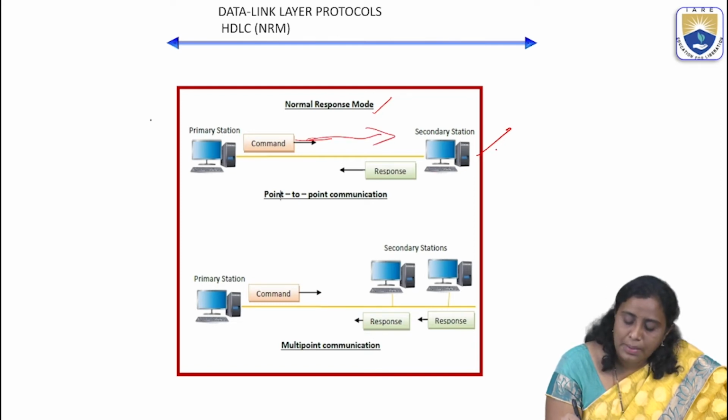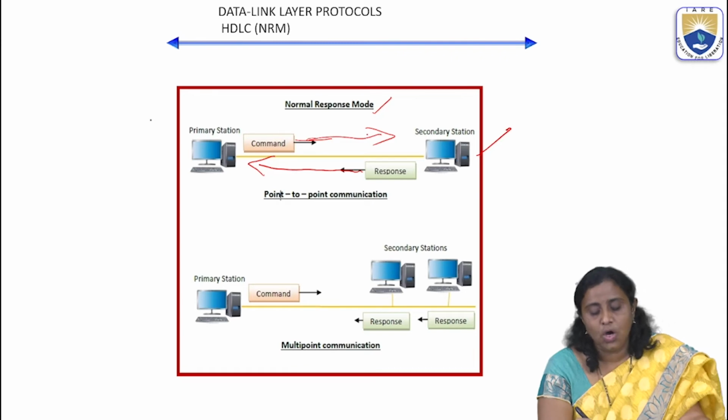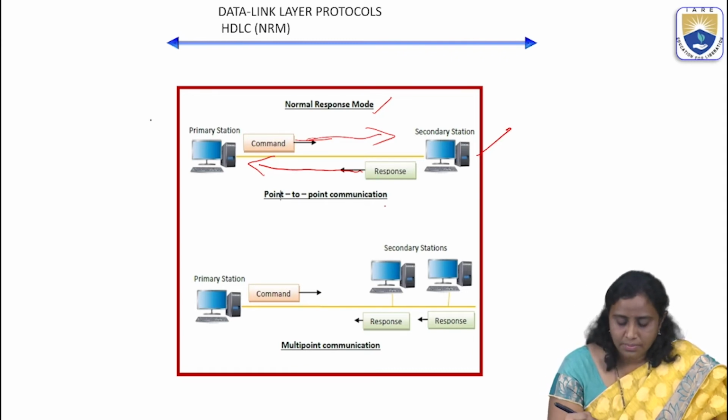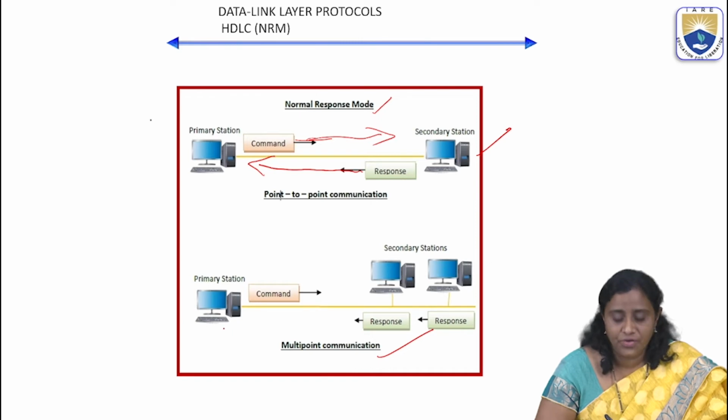The response from the secondary station will be acknowledged and reach the primary station. This is normal response mode. Coming to that, in point-to-point communication or multiple point communication, we have to identify one primary station here.